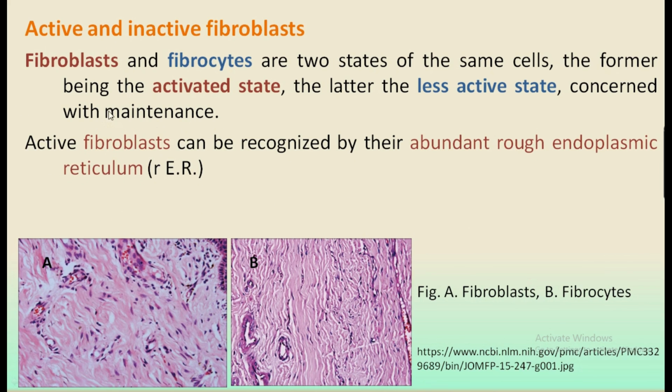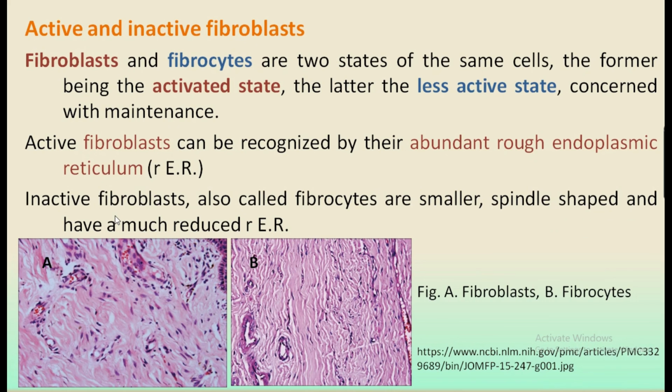And the active fibroblasts can be recognized by the presence of abundant rough endoplasmic reticulum, and the fibrocytes, which are the inactive forms of the fibroblasts, are smaller, spindle shaped and have a much reduced rough endoplasmic reticulum. So here you can see fibroblasts and fibrocytes.